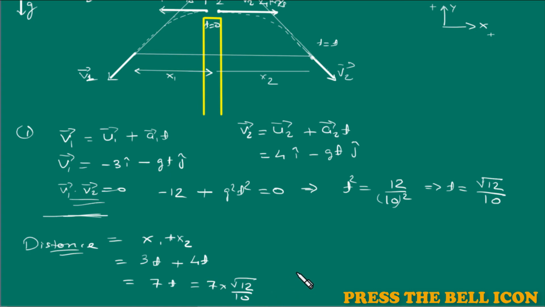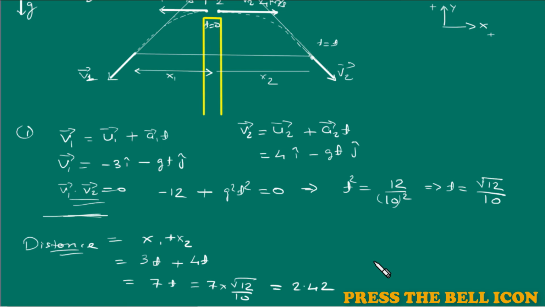Let me solve it for you quickly. Under root of 12 into 0.7. So I am getting 2.42, around 2.42. Or I could have taken g as 9.8 also.